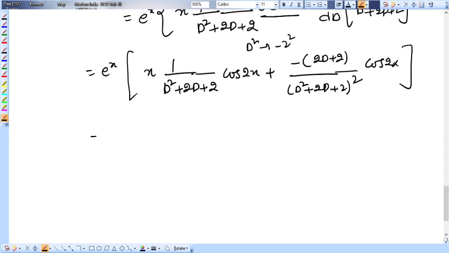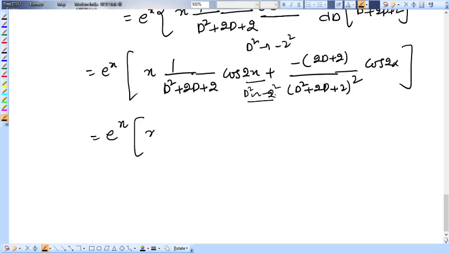Now we are going to use rule 2, in which whatever is inside the trigonometric function, here we have 2x, so we replace D square by minus a square, or minus 2 square.